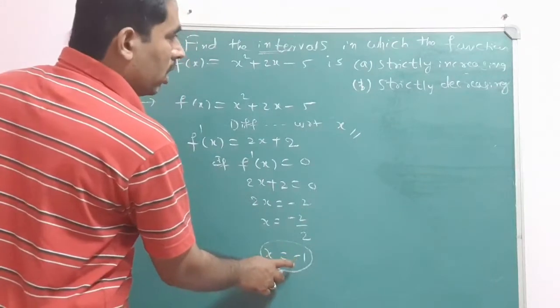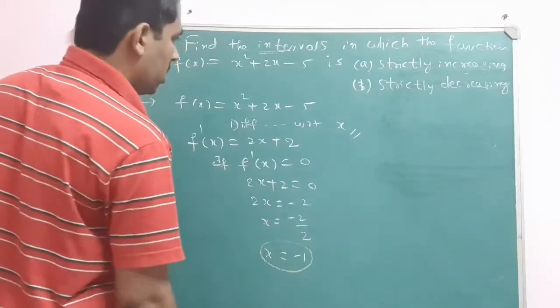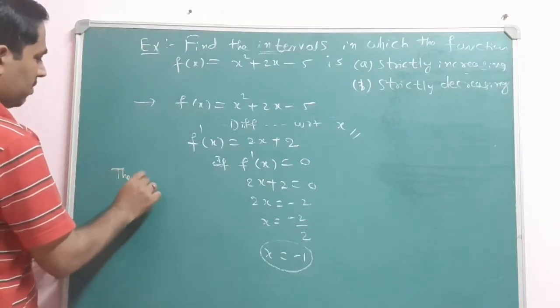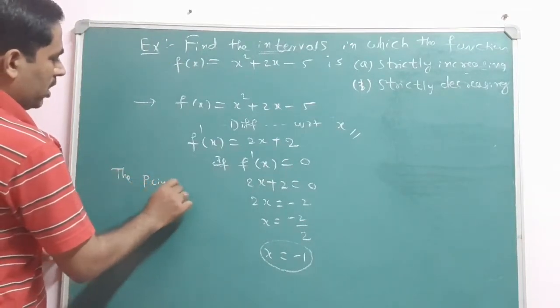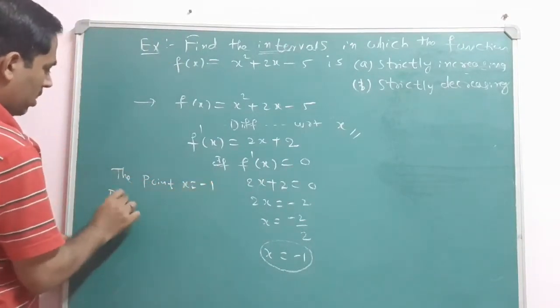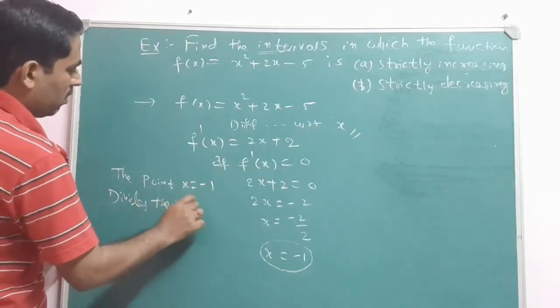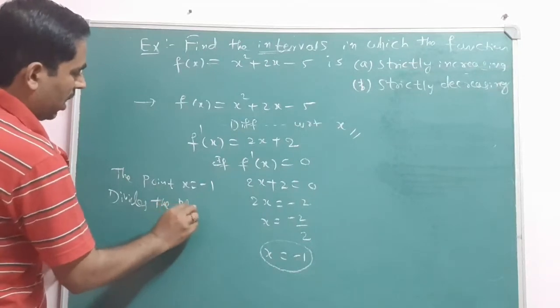The point which I got, x equal to minus 1, divides the number line.